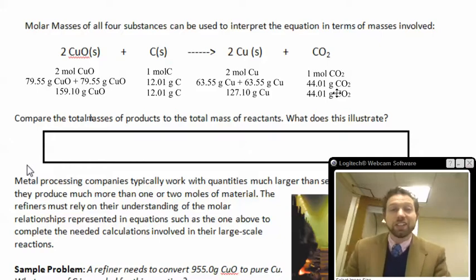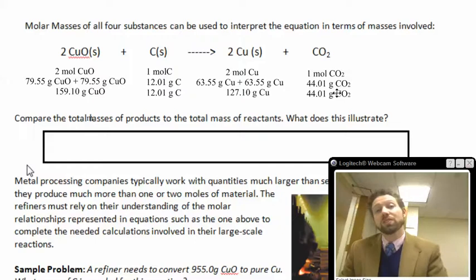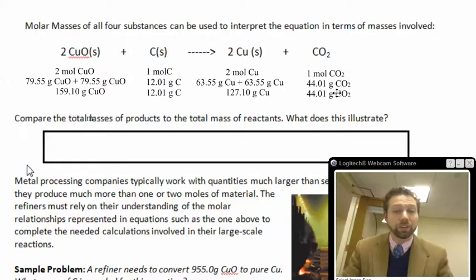Oxygen is 16 grams per mole. And we have 2 oxygens in a carbon dioxide. So 16 plus 16 plus 12.01 equals 44.01. We have only 1 mole. So that's our molar mass for all the reactants and products in this particular chemical equation.